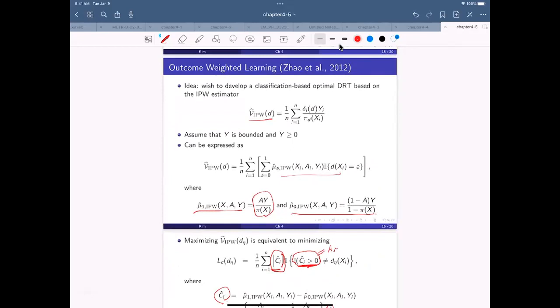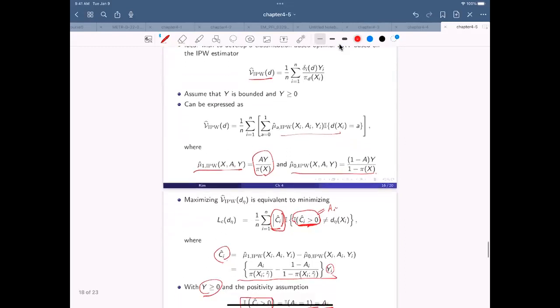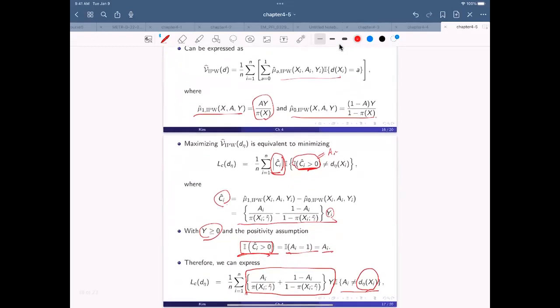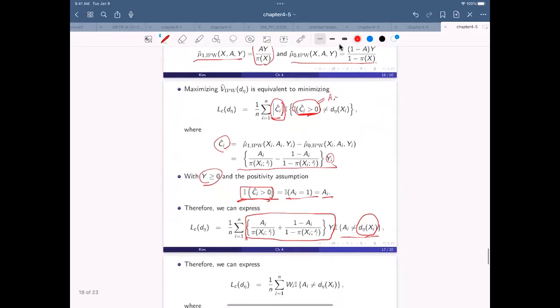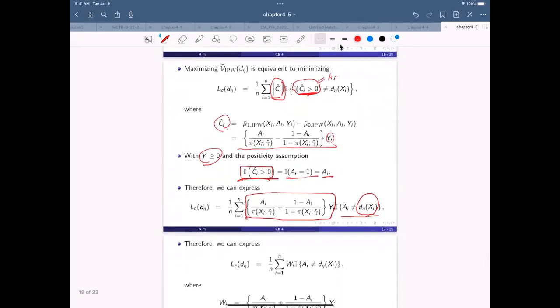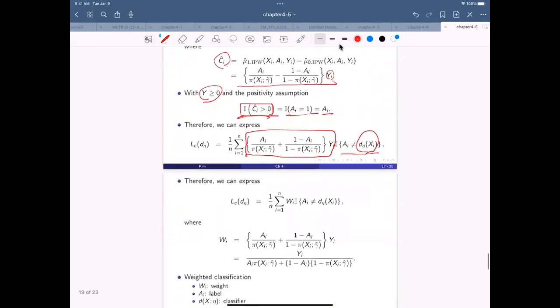So this is not really the contrast function at all, right? You're right, this is not really. The idea is that this is all from the data, and using the data you can construct a weight, and then you just use a machine learning technique to construct a classifier. That is basically the idea.